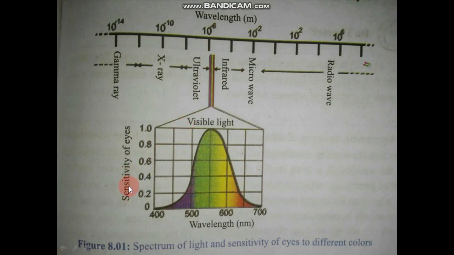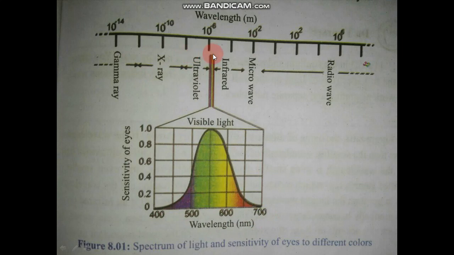Here a figure is given which shows the spectrum of light and sensitivity of eyes to different colors. This figure is drawn as sensitivity of eyes versus wavelength in nanometer, and here the visible light lies between 400 nanometer to 700 nanometer.